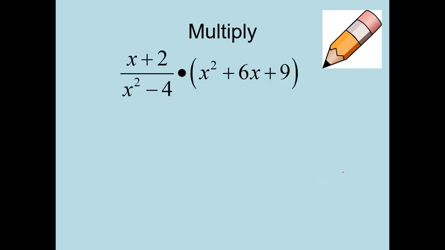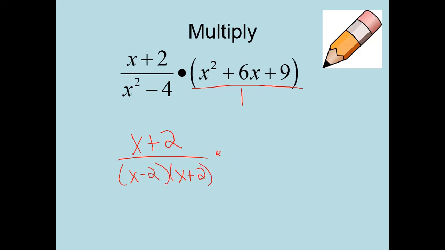Now, something to keep in mind. If you do have nothing in the denominator, it doesn't look like a fraction, you're going to put that over 1. Okay, so keep that in mind. If there is not a fraction, make sure you put it over 1. The denominator is always 1 of a single number. So I got x plus 2, and then x minus 2, x plus 2 on the bottom of the first fraction.